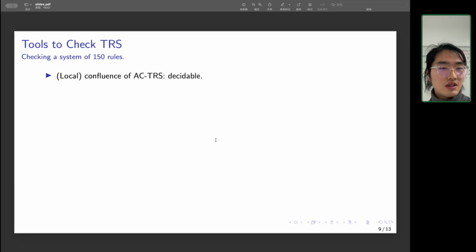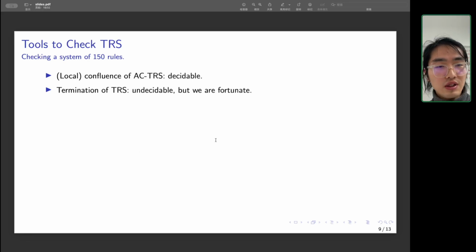But this is not easy because we have a term rewriting system with more than 150 rules, and manually checking them is time-consuming and sometimes impossible. But the good news is the local confluence of an AC term rewriting system is decidable. And termination of a term rewriting system is not decidable, but we are fortunate.